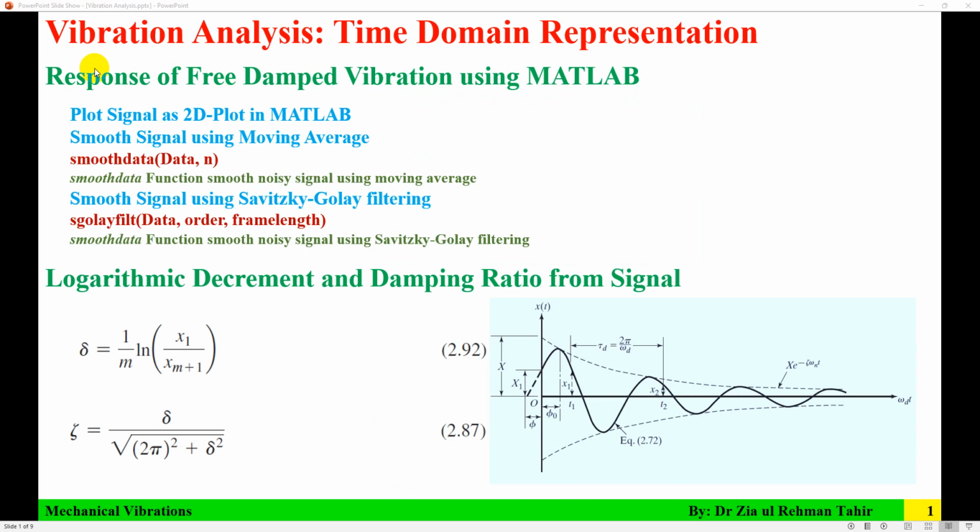In lecture 1, on vibration analysis or time domain analysis, I showed how to plot the time domain data, and from the time domain data how to calculate the logarithmic decrement delta, damping ratio zeta, and then the period of oscillation tau d.